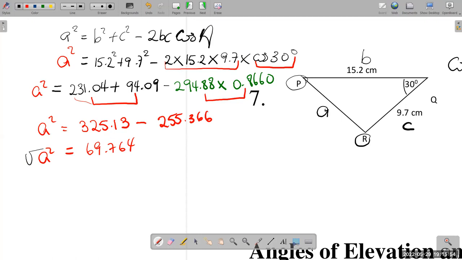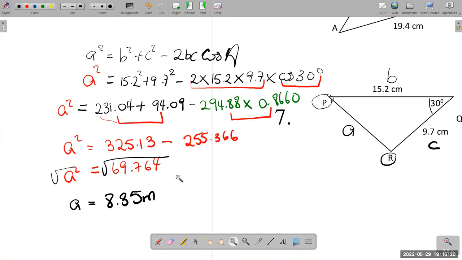We take the square root of both sides. So a is equal to 8 point something. Yep, 8.35 meters.